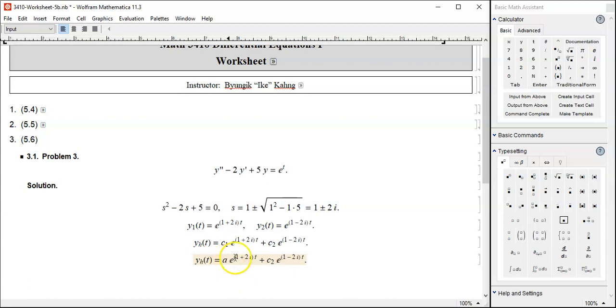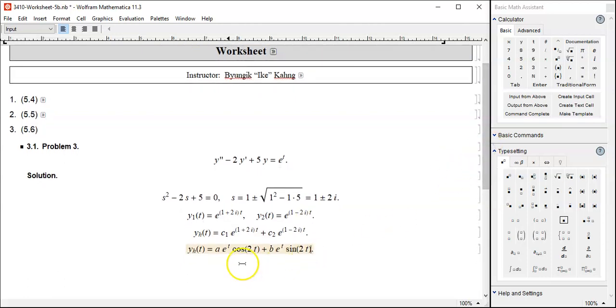You can keep it as complex exponential if you prefer. I prefer that. You can write it like this as well. This one over here and that one down here are equivalent. These are the homogeneous solutions.